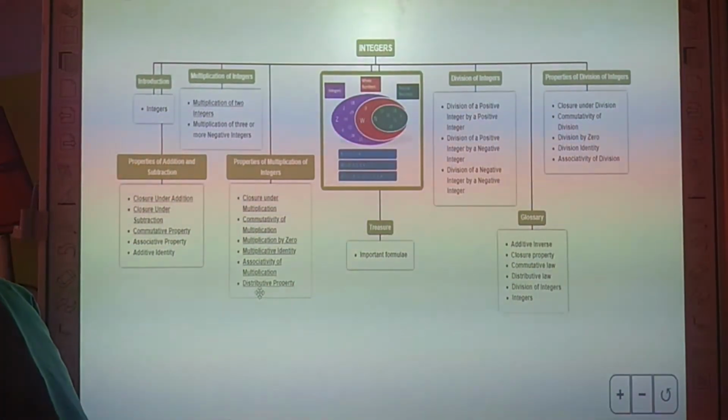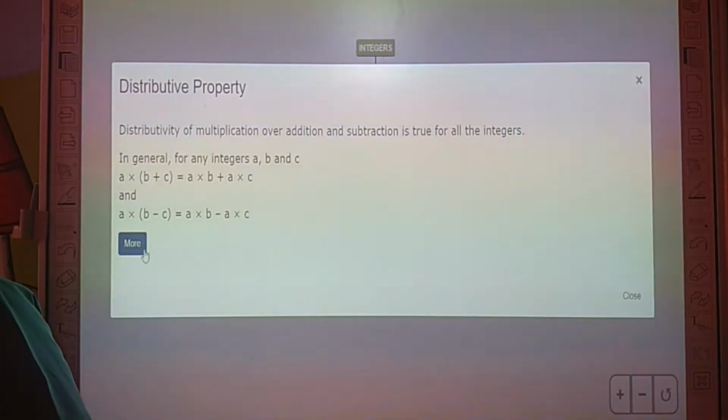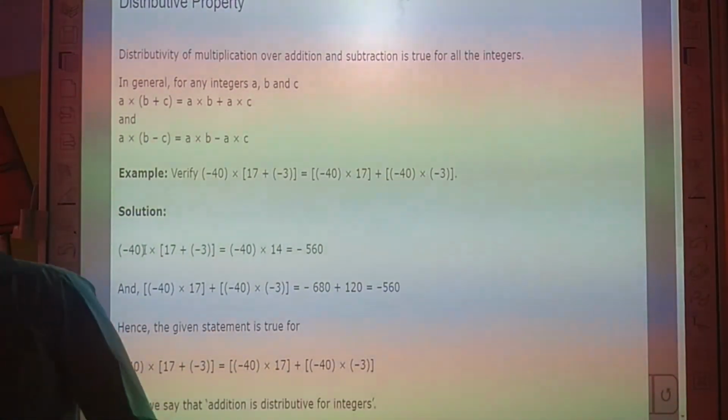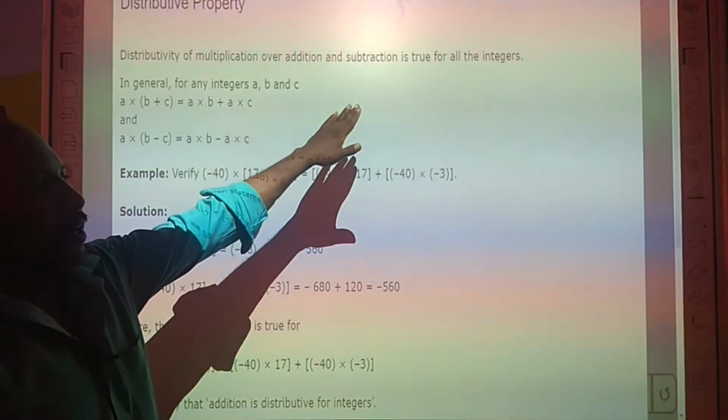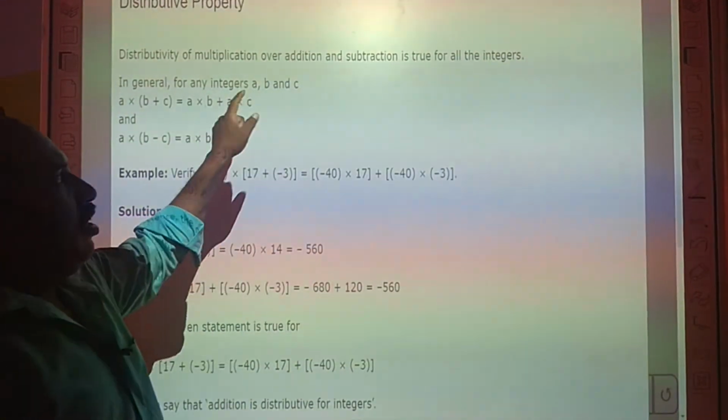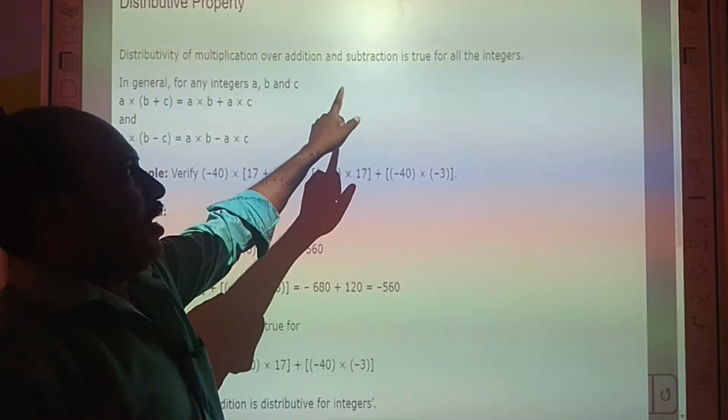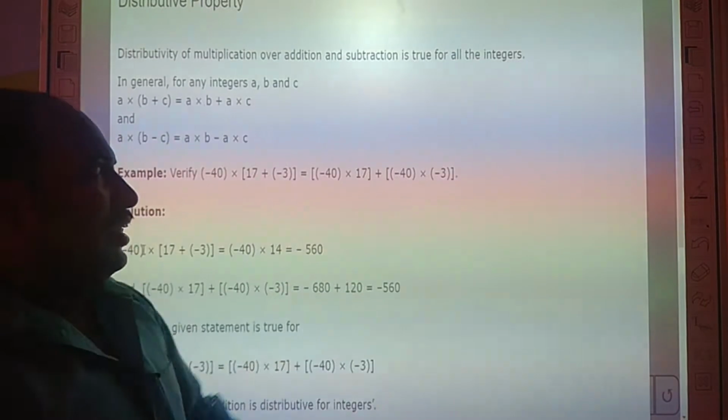The next one, distributive property. Distributive property of multiplication over addition and subtraction is true for all integers.